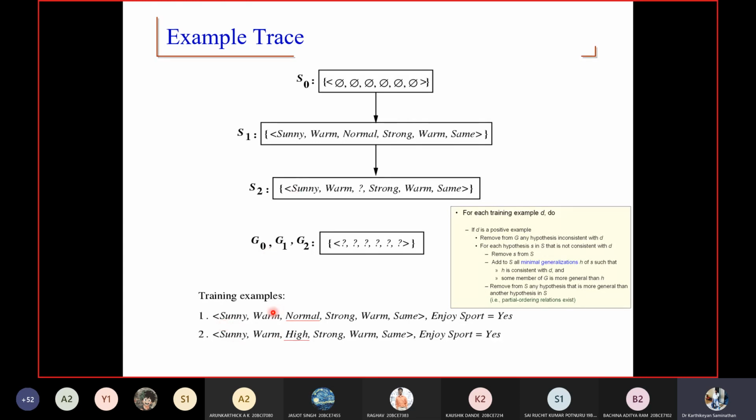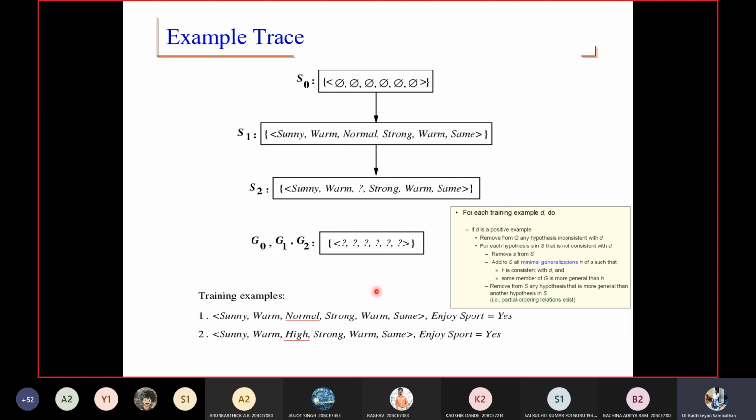Warm versus warm, warm. Normal versus strong. These two are contradictory, so I am keeping question mark here. Then strong versus strong, same. Warm versus warm, same versus same. So same will be the answer. So S2 is same. For S1, G0 is nothing but all question marks. S2, G1 is also all question marks.